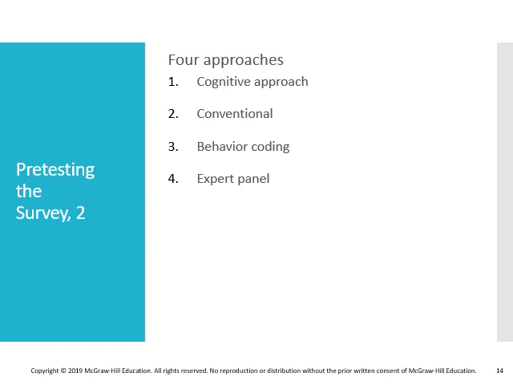Let's go back to the second approach, the conventional approach. The researcher just sends out the survey that he or she has designed or is going to use to several people who are similar to the individuals in the population of interest, and then sees how they respond.